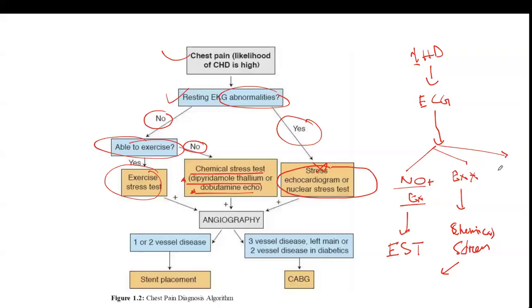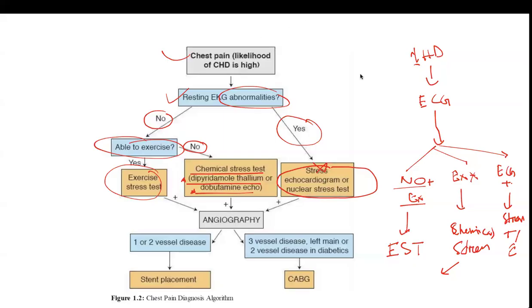Other could be that patient has some baseline ECG abnormality, but they can exercise. Then we do a stress thallium scan or a stress echocardiogram. That means in here, patient will be running on a treadmill because they can exercise, but we will be doing a dye test or an echocardiogram.